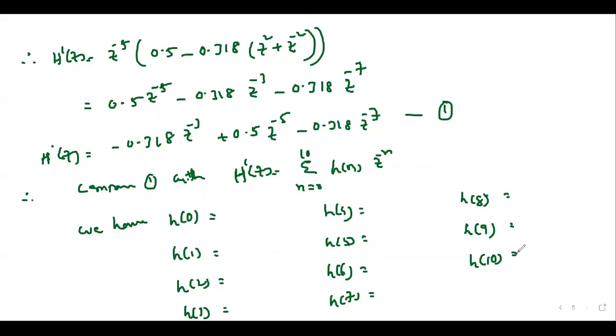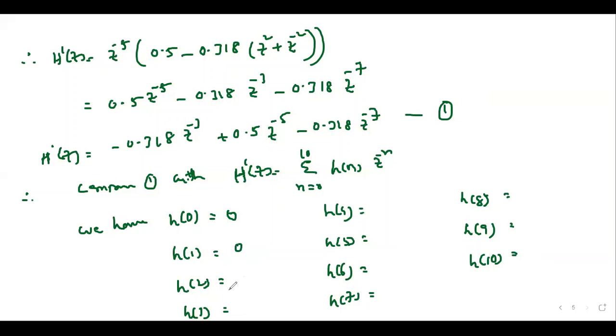Tell me what are these values? H of 0 value, what is the h of 0 value? Zero, sir. H of 1, zero.